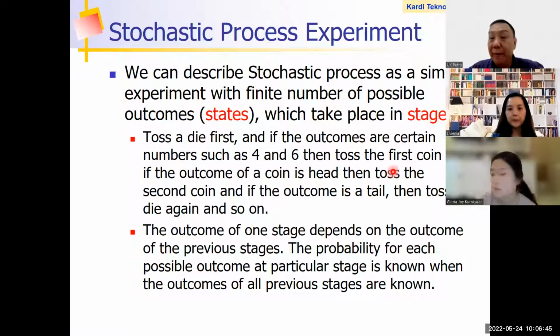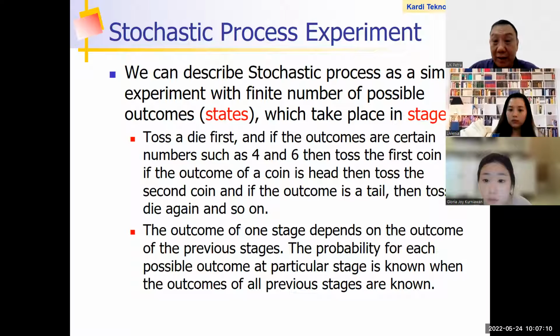Okay. For example, say you toss a die, and then if the outcome is a certain number, for example 4 and 6, then you toss the first coin. But if the outcome of the coin is head, then you toss the second coin. But if the outcome is a tail, then you toss die again, and so on.